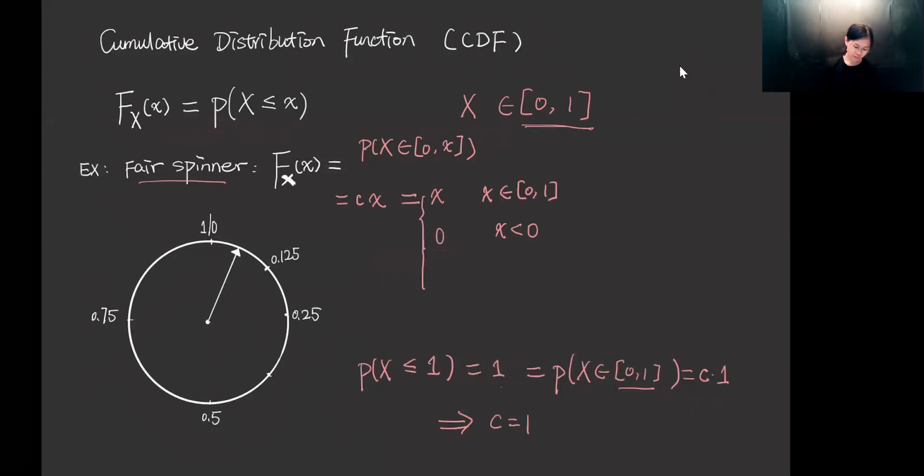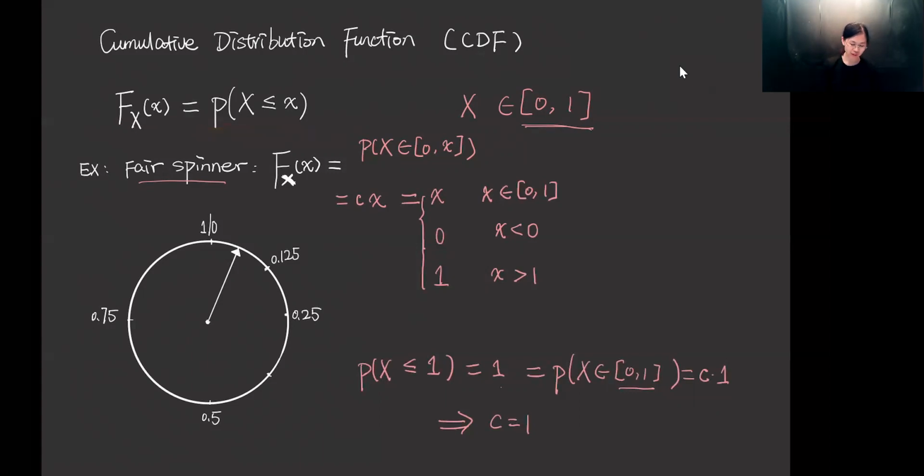And what about the probability that X takes a value less than or equal to a number that's greater than 1? Well, because X always takes a value that is less than 1, and therefore less than a number greater than 1, the probability of X less than or equal to little x for x greater than 1 should be 1. And this completion is also consistent with the definition of the CDF.